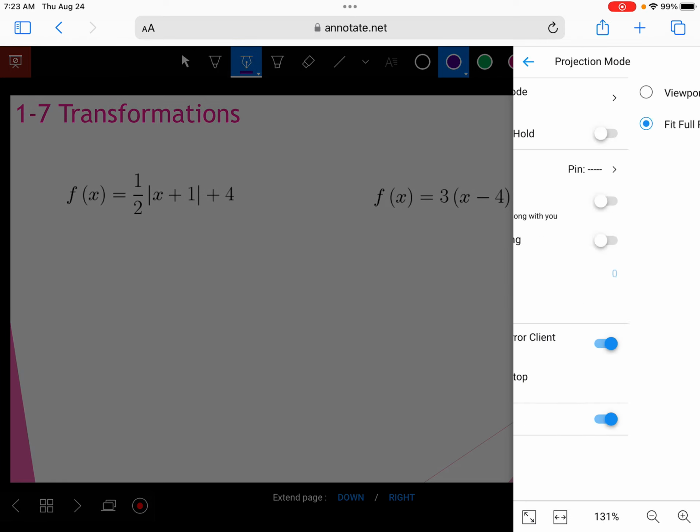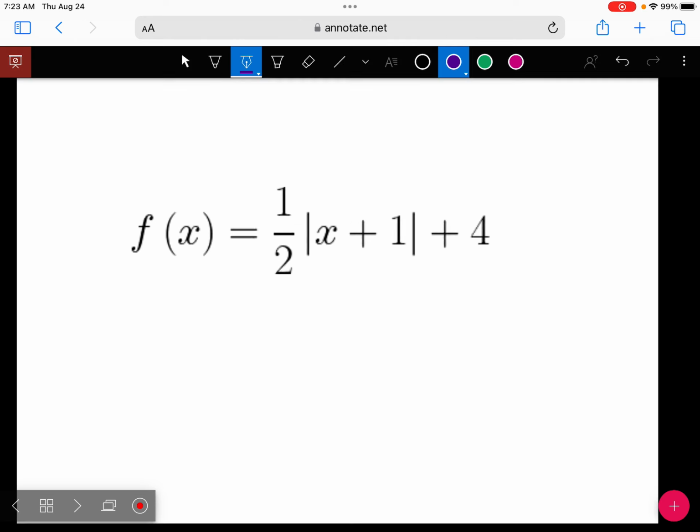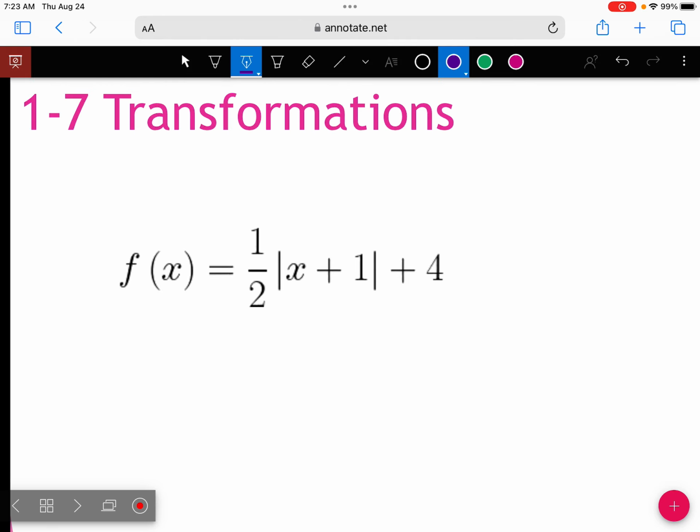So I'm going to change my view so we can just look at one at a time. What we're going to do is take that transformation form, A times, it had parentheses on the first page, but it doesn't matter, x minus h plus k.